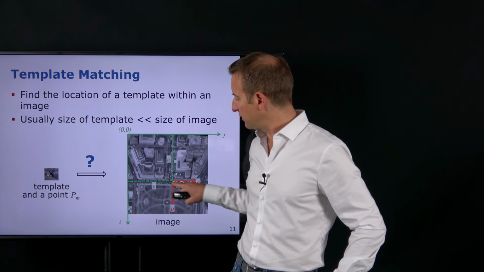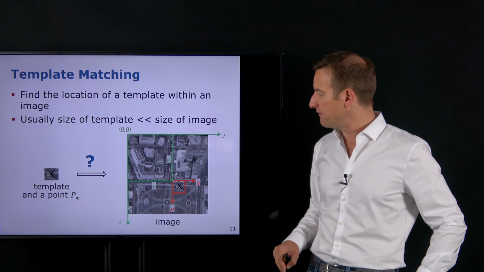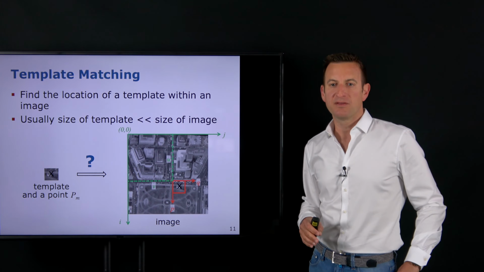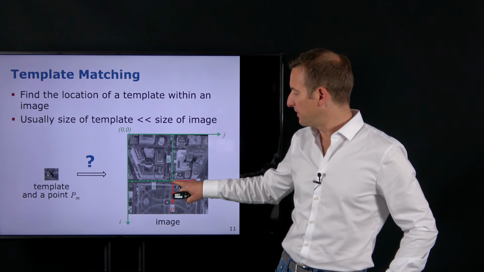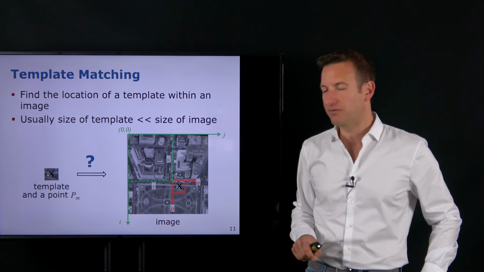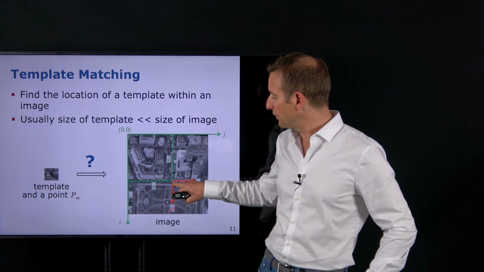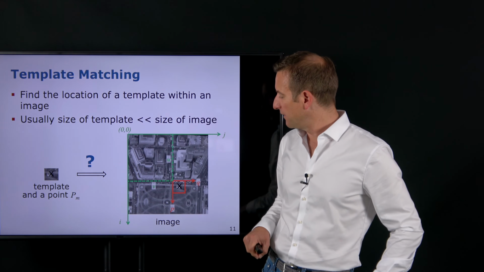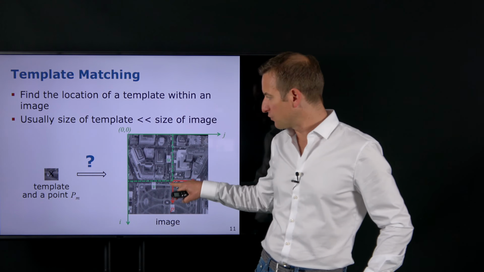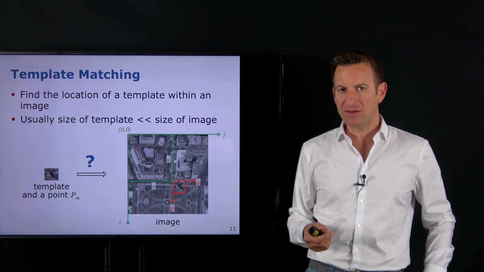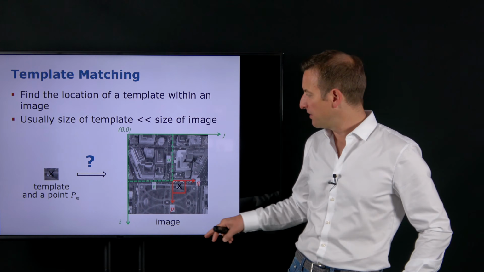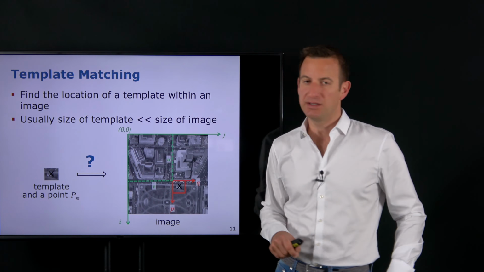Then there's an offset indicated by U and V that describes where the 0, 0 location of my patch is. So let's say 0, 0 in the red template, where is it matched to in the original image? That would be V and U.